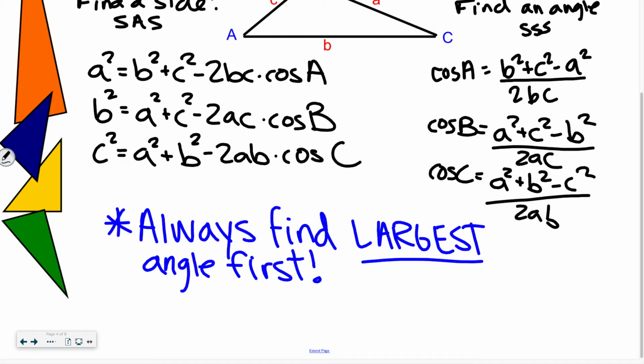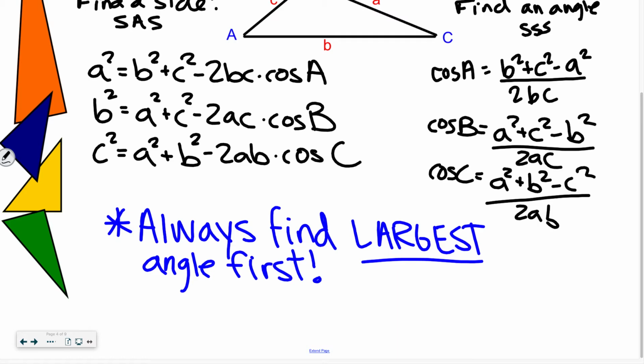Now, I like to just work in law of cosines because I love law of cosines, so I don't have this issue. But some people are really partial to law of sines, so once they get their information from law of cosines, they switch right over to law of sines. Only do that if you are certain you have your largest angle.